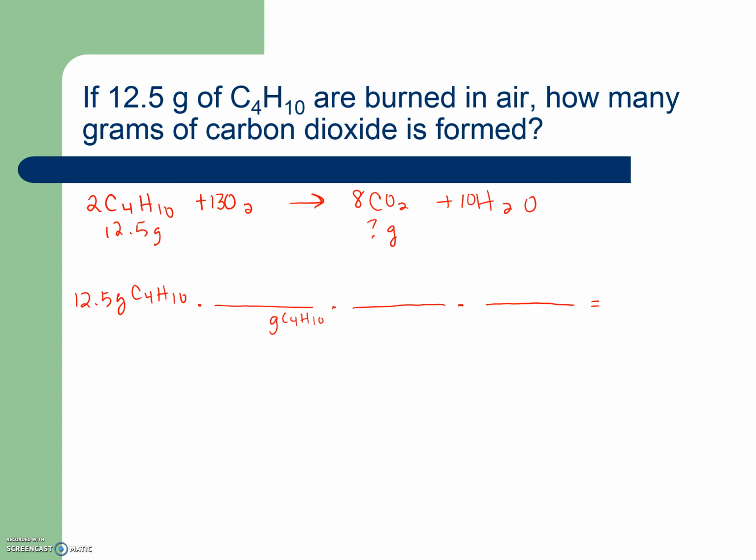In order to compare this, the only way I can compare my C4H10 and my CO2 is with moles. So I need to convert this to moles. I don't really want moles of C4H10. I ultimately want moles of CO2. And there's a special part here in the middle that I like to refer to as the big switch.